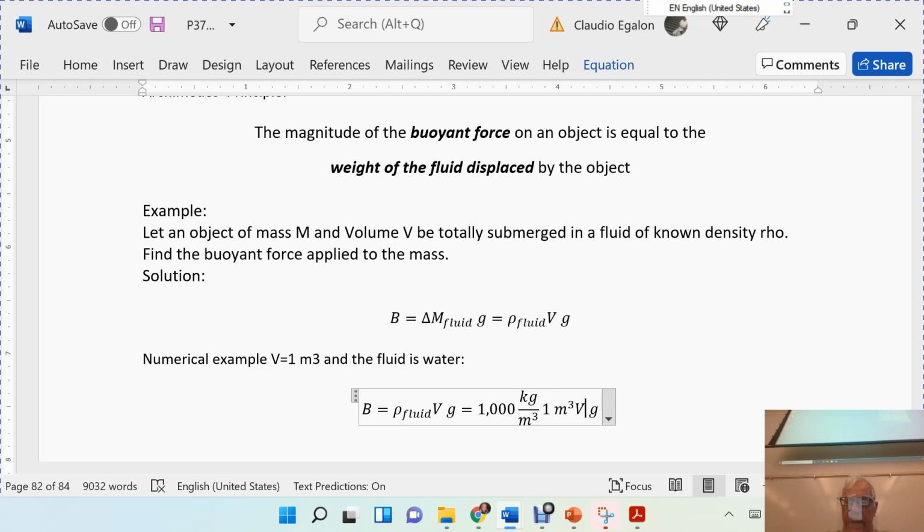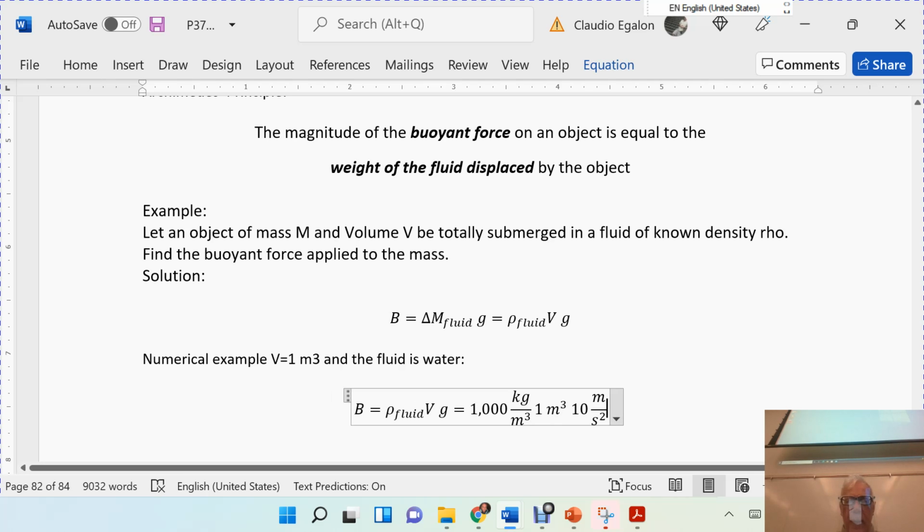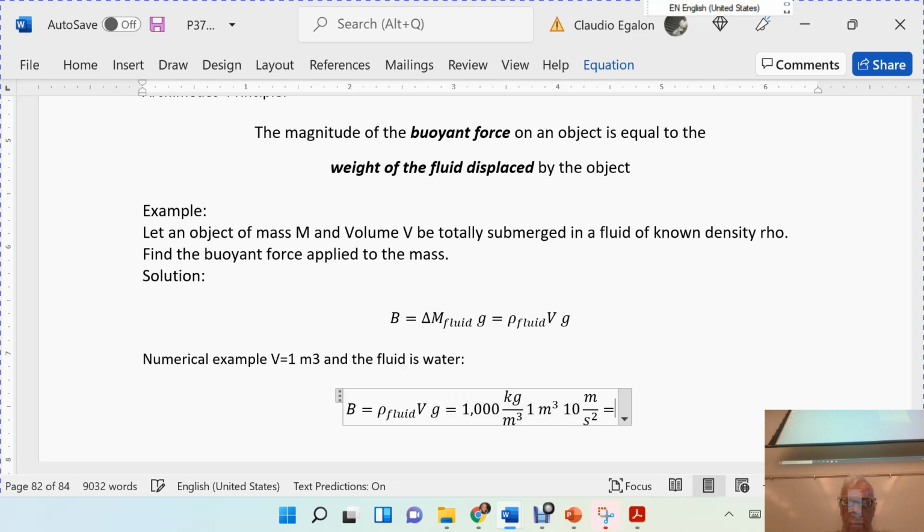And the acceleration of gravity is what? 10 meters per second squared. And then what do we end up getting? Kilogram meter per second squared, see? Meter cubed cancels out with meter cubed. We get 10,000 newtons.